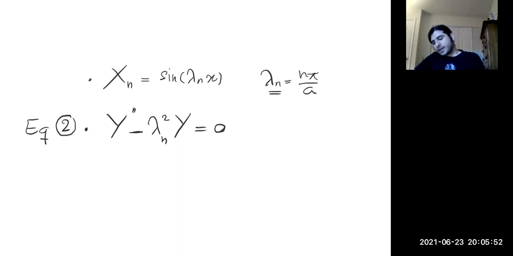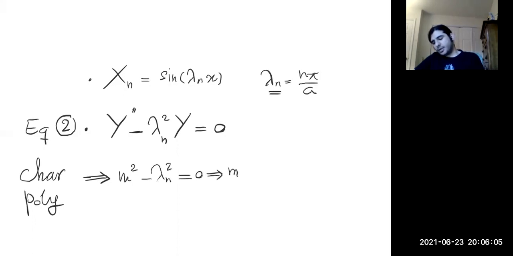To each of them, we can associate its characteristic polynomial, which is m squared minus lambda n squared equals 0. Therefore, m is equal to plus minus lambda n. So these are the solutions of the characteristic polynomial. So we can write down the solutions to this equation.